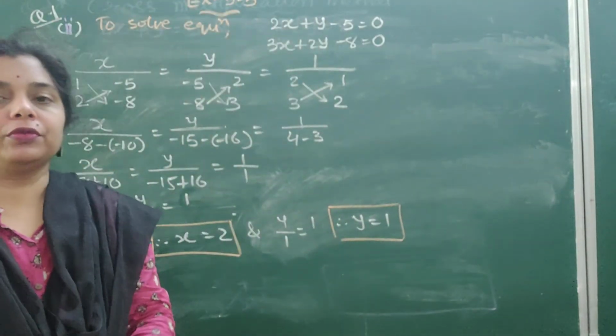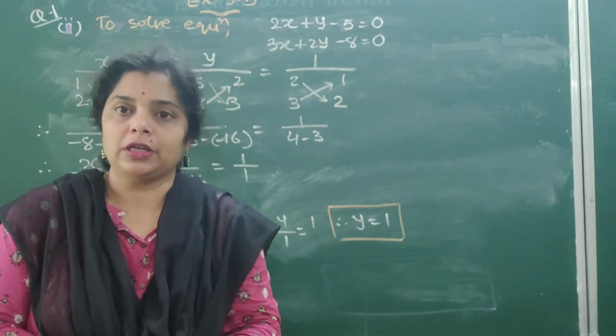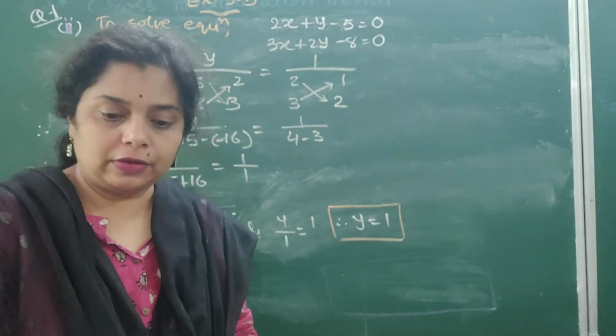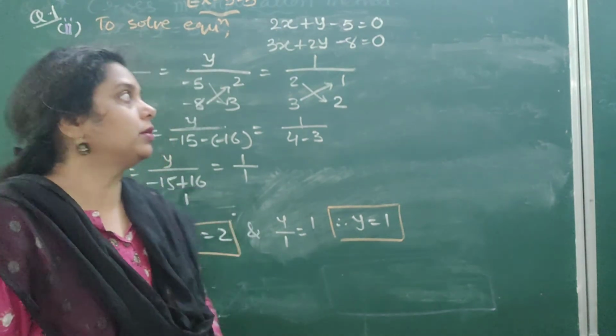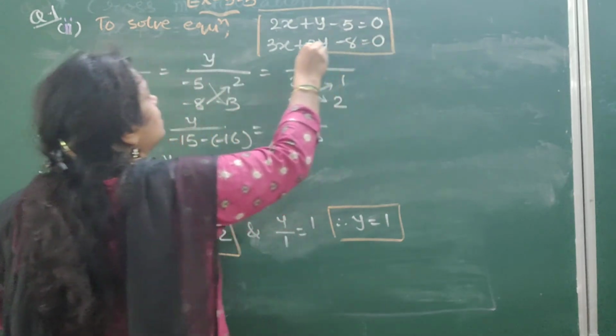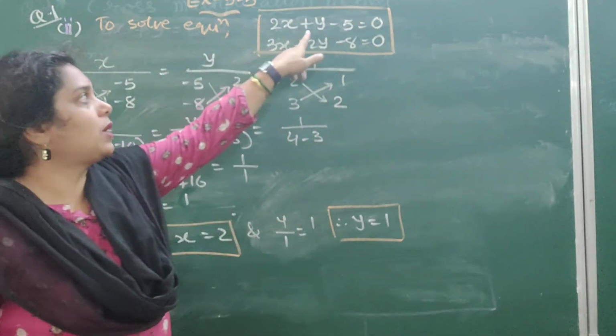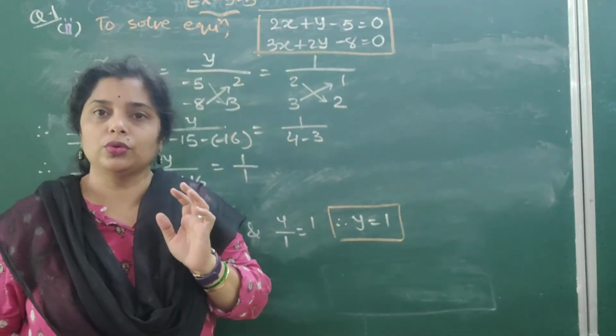Okay, now once we have proved that the given pair of linear equations has a unique solution, we have to proceed to find the solution by the cross multiplication method. As you see, the given equations are 2x plus y minus 5 and 3x plus 2y minus 8 equal to 0.